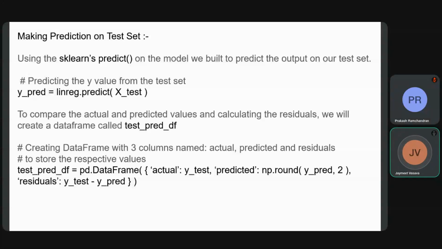I will be saying test prediction DF just for clarity during the session. It will have the actual values from the Y test, the predicted values rounded to 2 decimal places, and the residual values between the Y test and the Y predictions that were made.